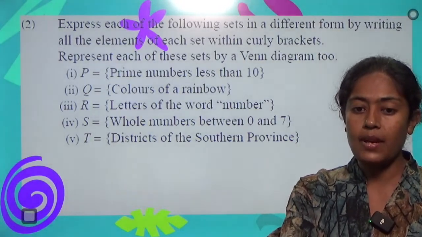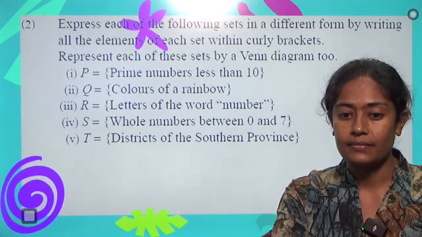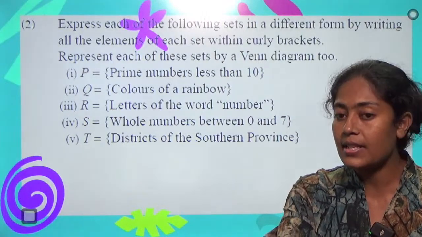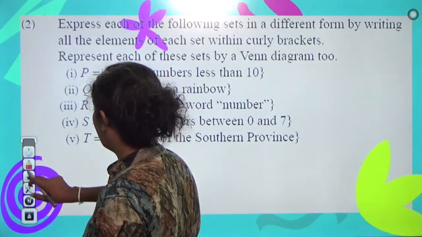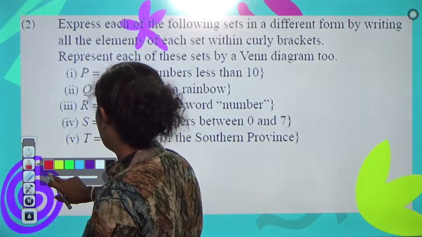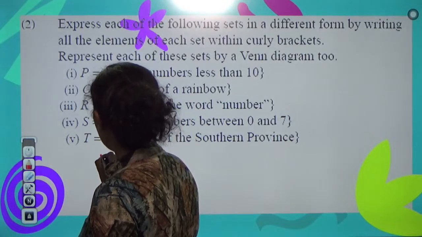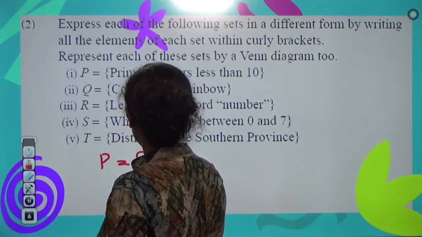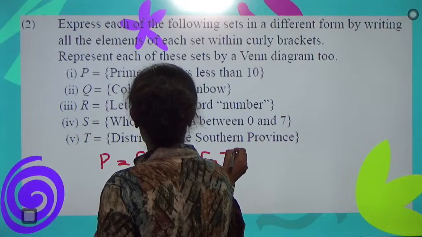First one, prime numbers less than 10. 2, 3, 5 and 7. Yes, 2, 3, 5 and 7 within curly brackets you have to write. P is equal to 2, 3, 5, 7.